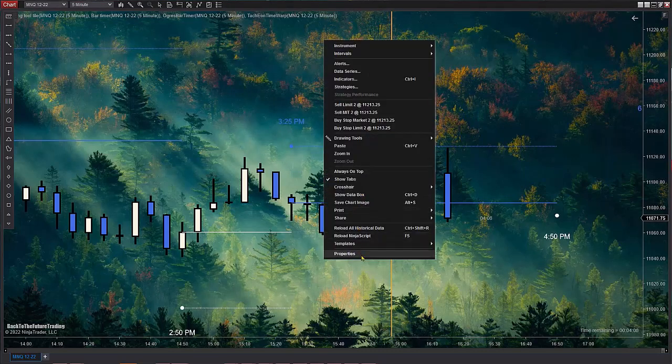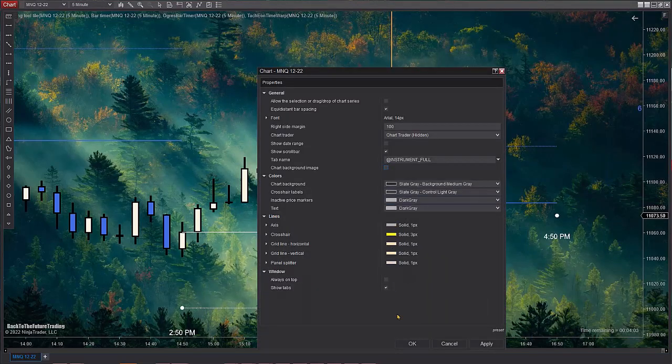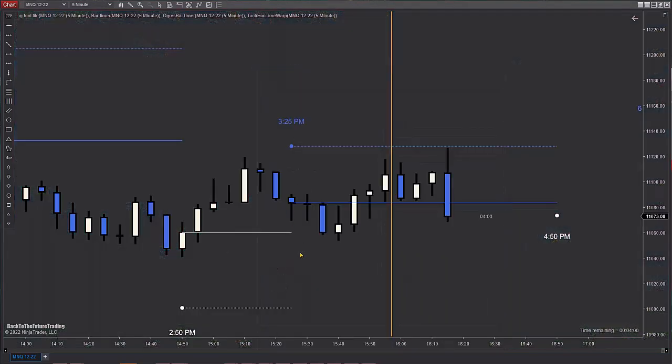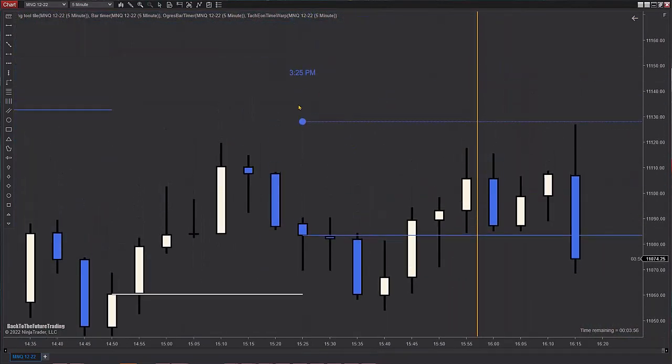I'll get rid of the background here for a second. Signal bar close same direction. So at 3:25 p.m. we have a down signal, sell signal. We also have a down bar, a bear bar, a sell bar.